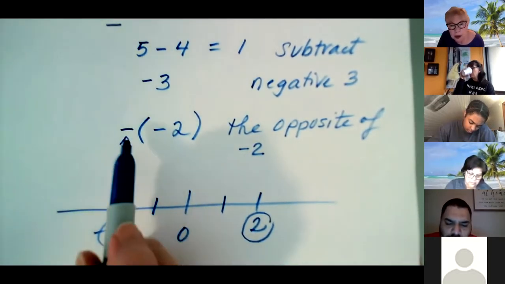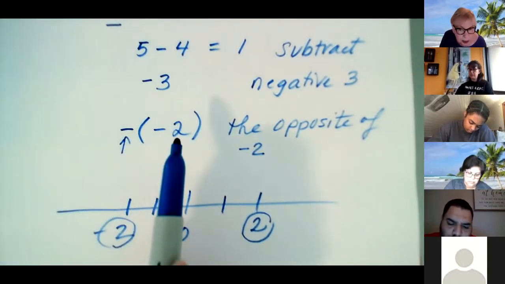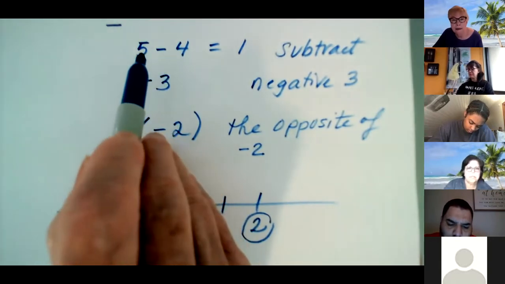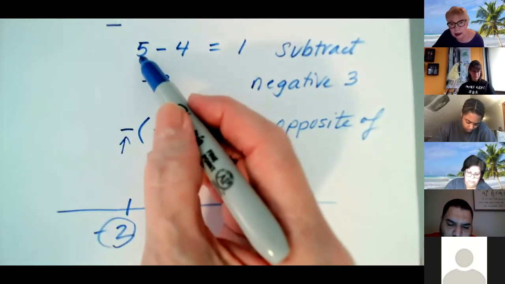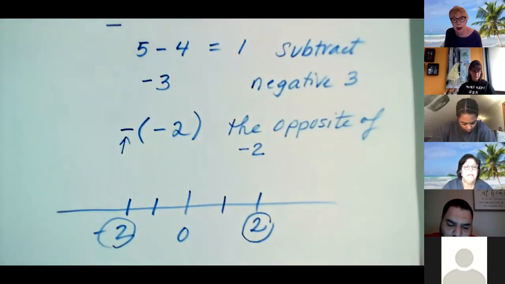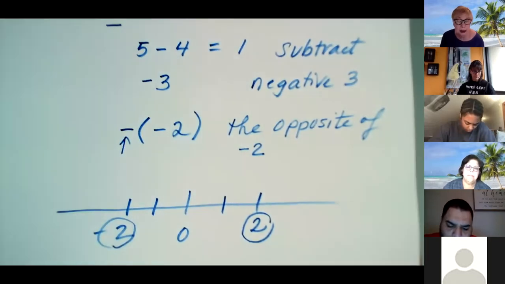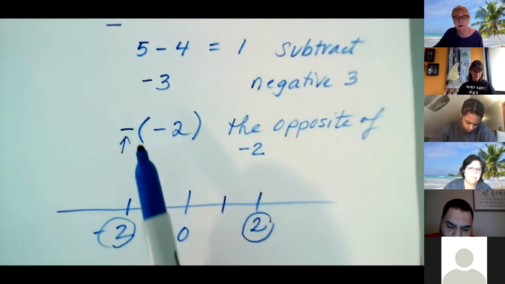Now, some people were taught to say the word minus, and I do it sometimes. I might use it here, 5 minus 4. Another way to say it is 5 subtract 4. Some people make a big fuss about using the word minus. And so I try to be clearer, by this is subtract, this is the negative number.